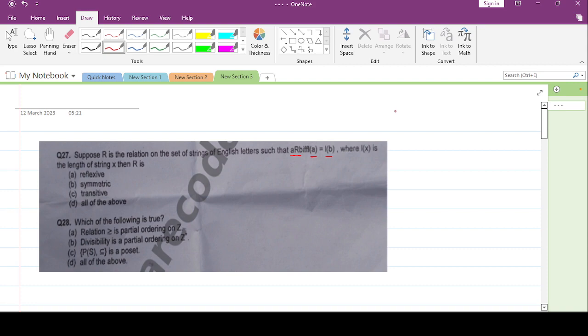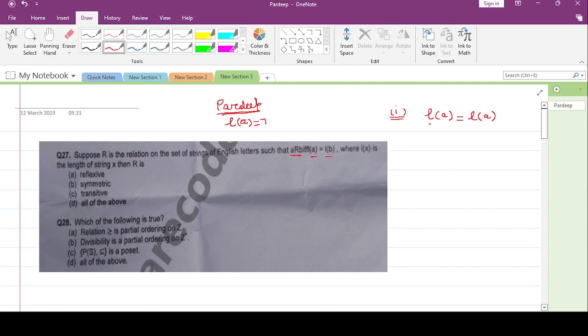It is a very easy question. Suppose you take one string A, then the length of string A is equal to the length of string A. There is no problem in this. For example, suppose I take one word like Pardeep. How many letters do I have in this? I have 7 letters, so the length of this string, which I call A, is equal to 7.